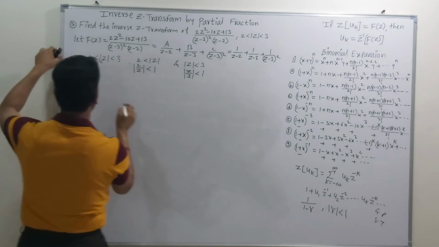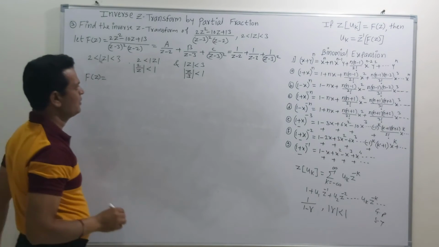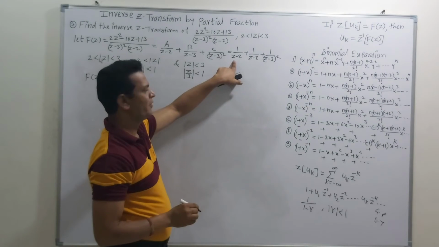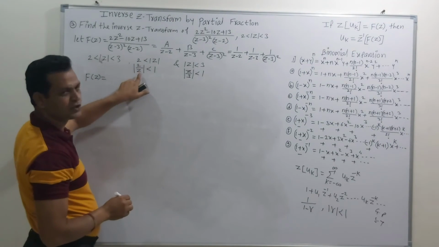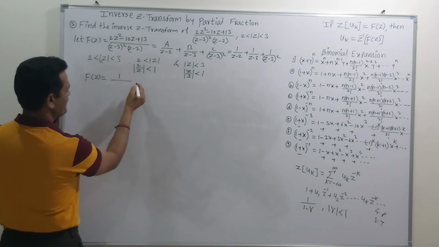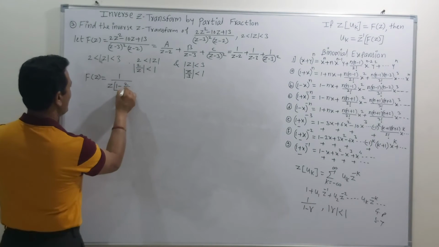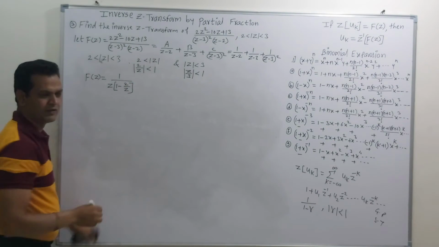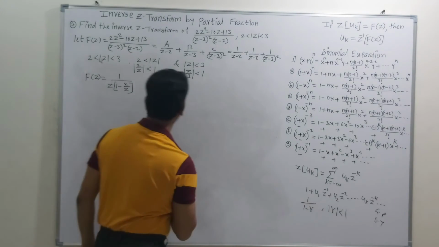If we apply this concept here, then we get the value of f of z is equal to, for the first term 1 upon z minus 2, we can write r as 2 upon z, so it is 1 upon z common, then 1 minus 2 upon z. After taking z common, we get the value of r, so that we get the standard form.